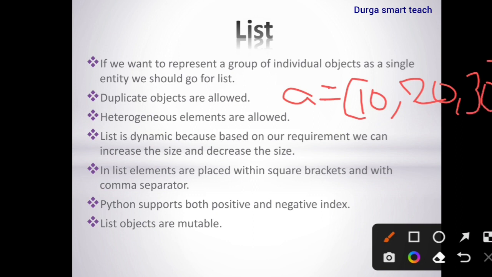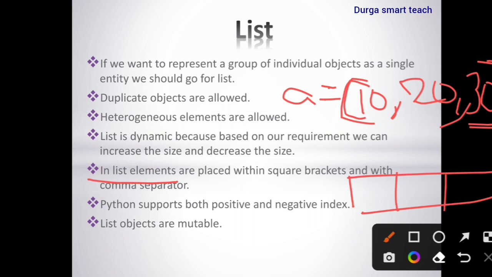Comma is used to separate each and every element. In this case the memory is allocated for 3 variables and 10, 20, 30 are stored.